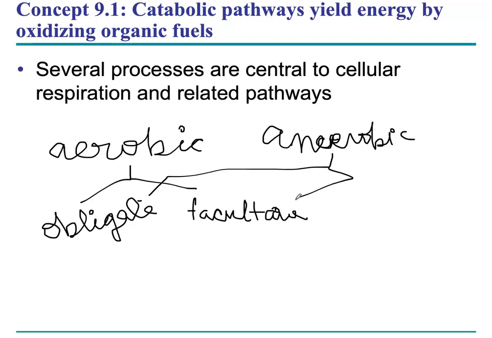A good example for a facultative aerobe and anaerobe is E. coli. E. coli, when it is in your gut, does anaerobic respiration. In other places, if oxygen is available to it, it will do aerobic respiration.